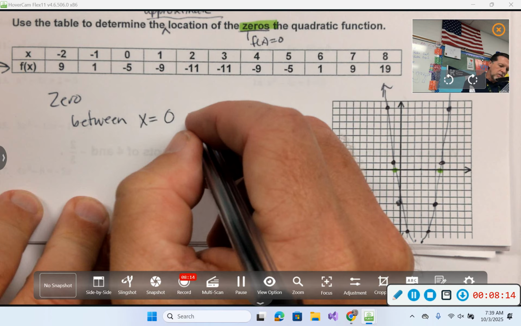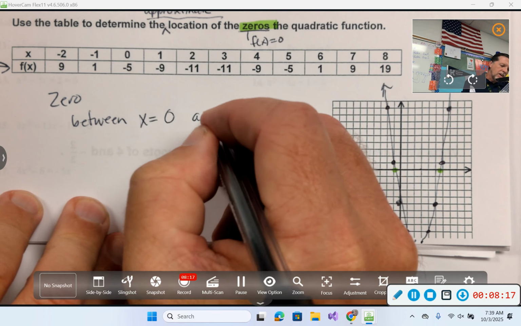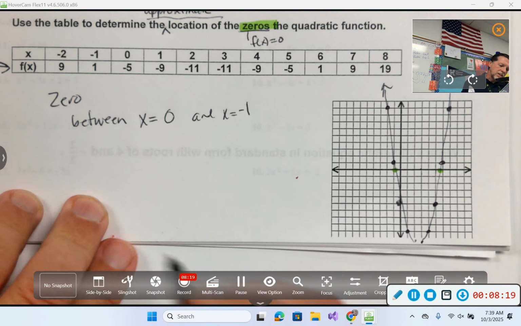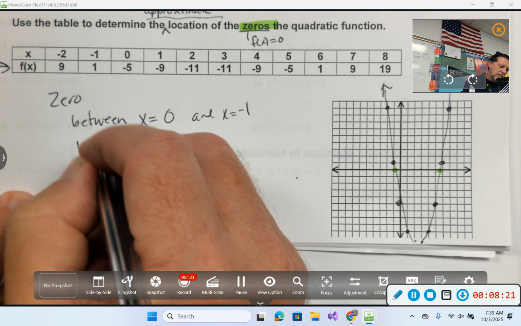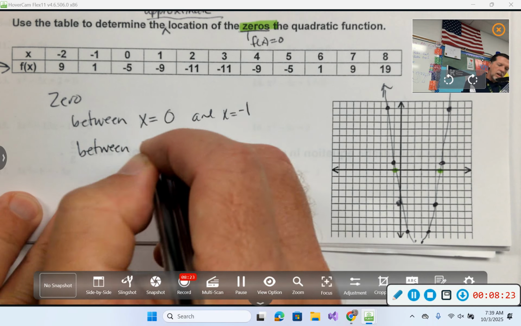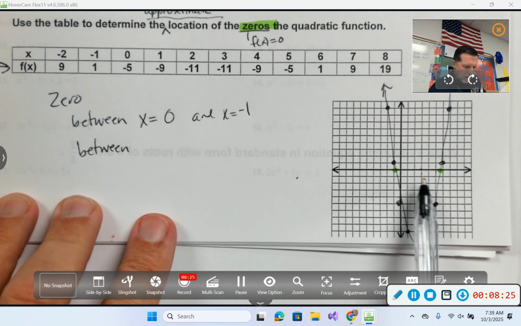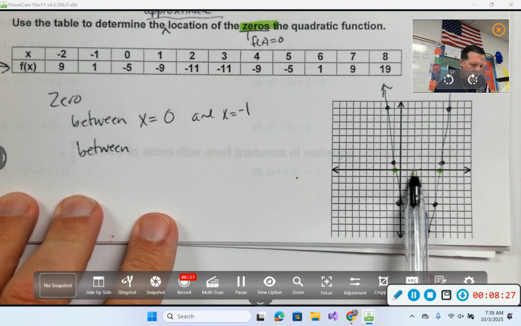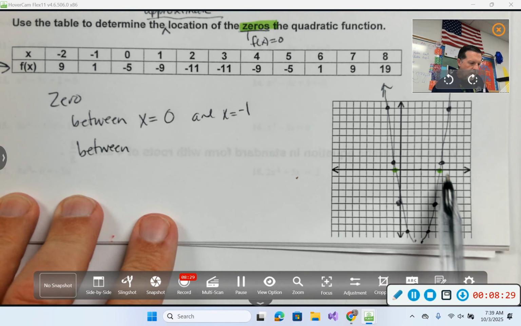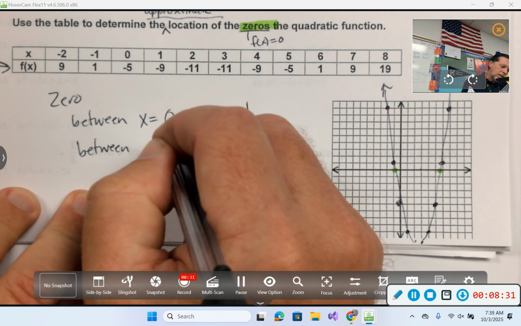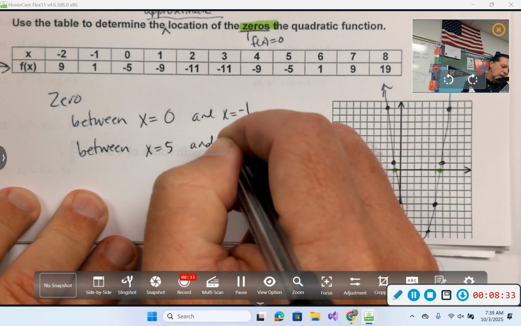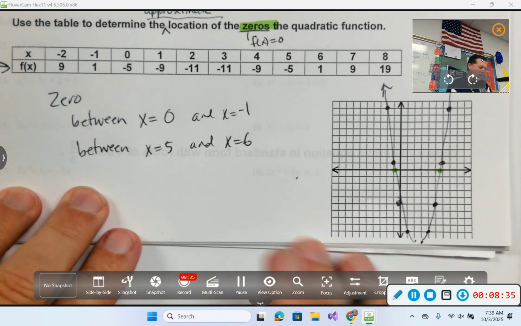Between x equals 0 and x equals -1. And there's another one between x equals 0 and x equals 6.